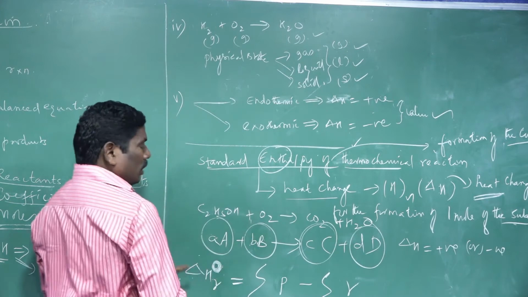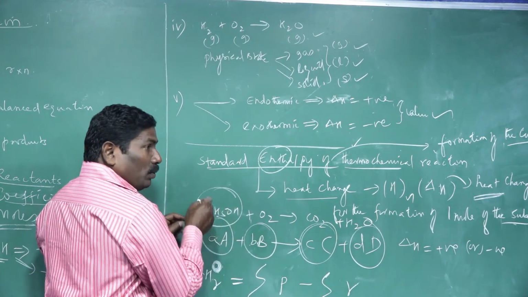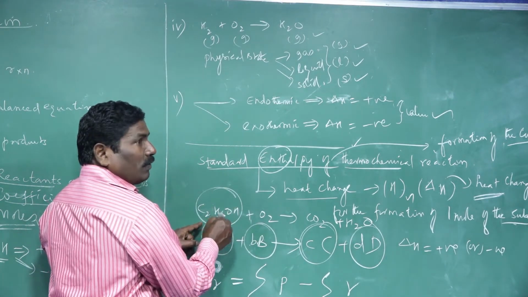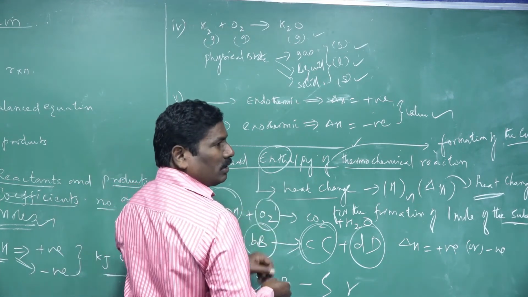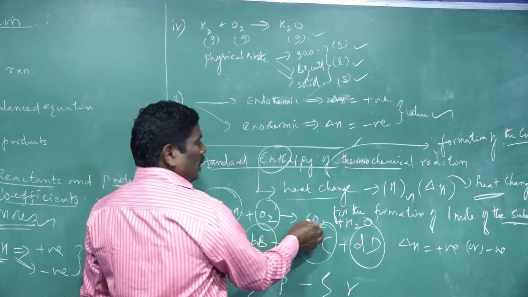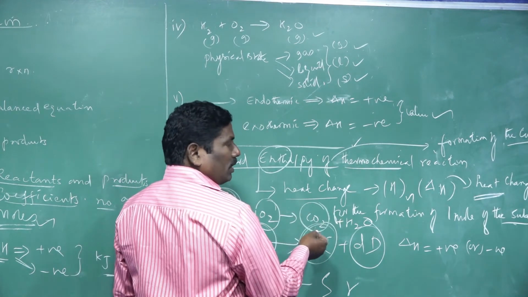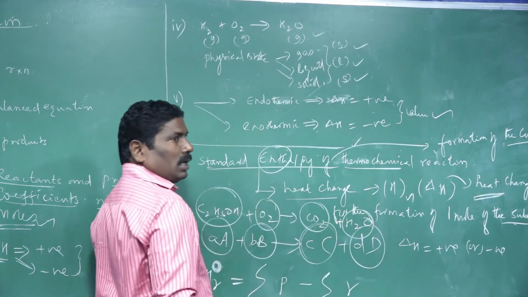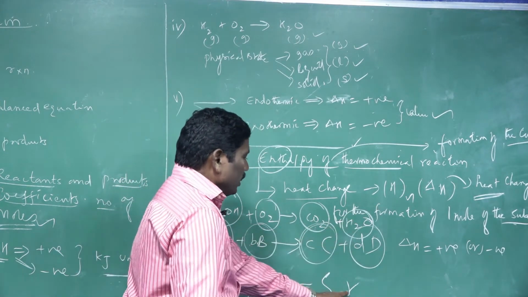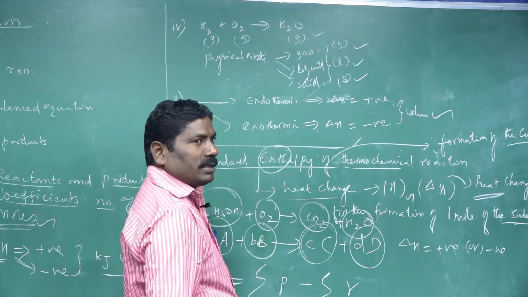The alcohol has its own formation value, oxygen also has its formation value, and the carbon dioxide formed also has its own value. These values we can substitute here, and finally we can find the reaction's enthalpy.